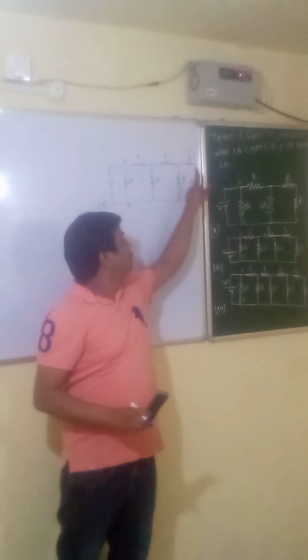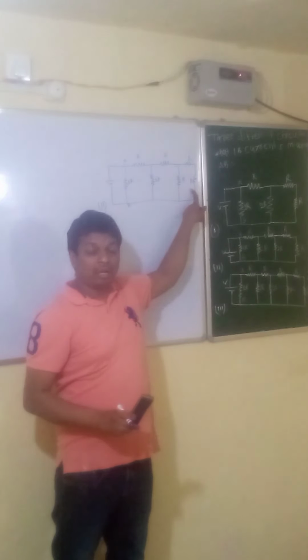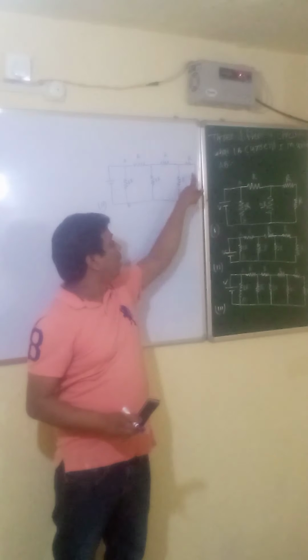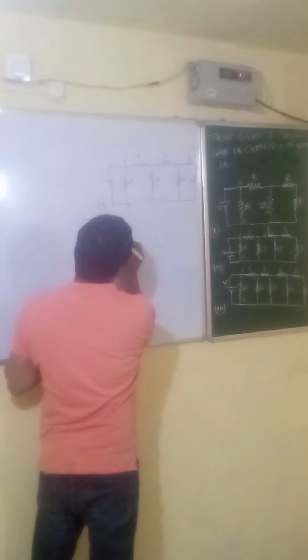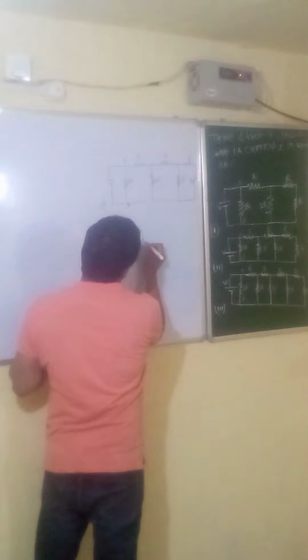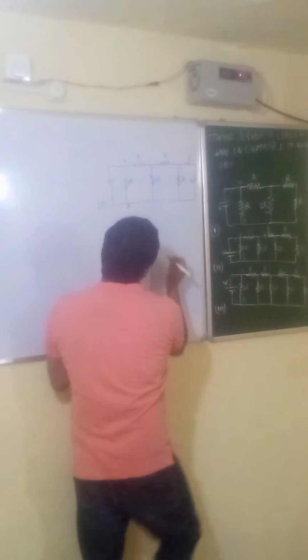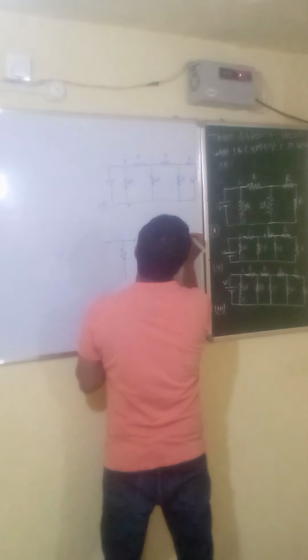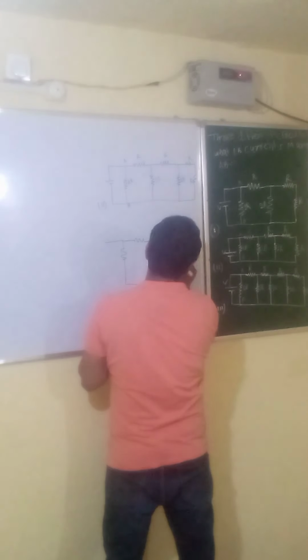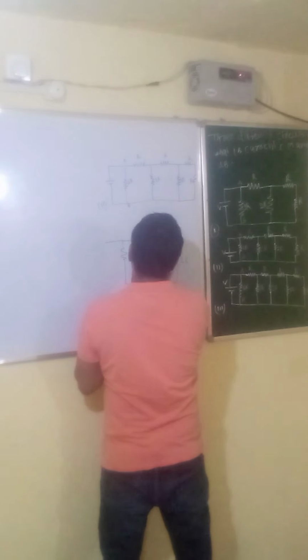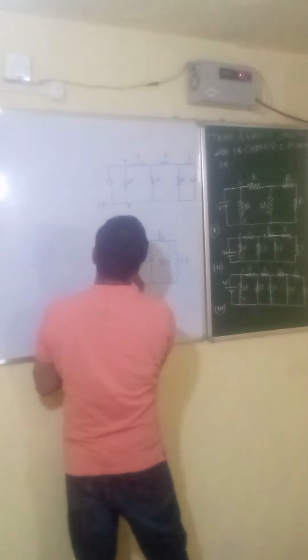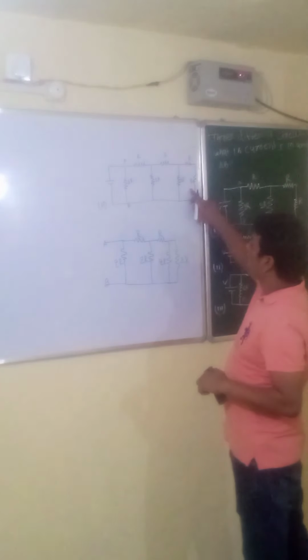if two more resistors are attached, then first of all we find the equivalent resistance of these resistances where R is given. Then we get the values 2R, 2R, 2R, 2R.